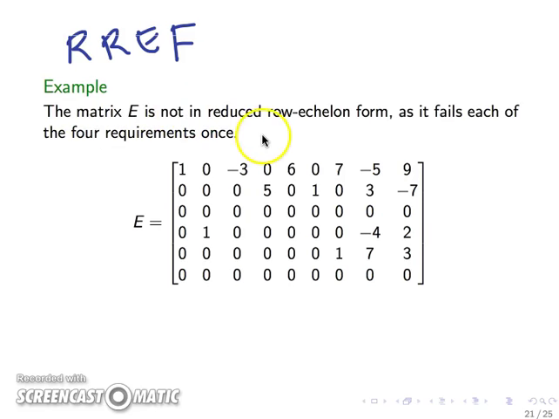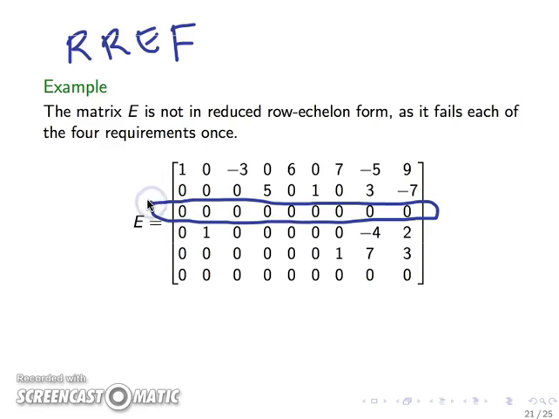So is this matrix in RREF? And the answer is, this matrix is not in RREF. Why is that? Well, it turns out that this row is a row of zeros, and that row of zeros would need to be swapped, would need to be moved farther down this matrix.